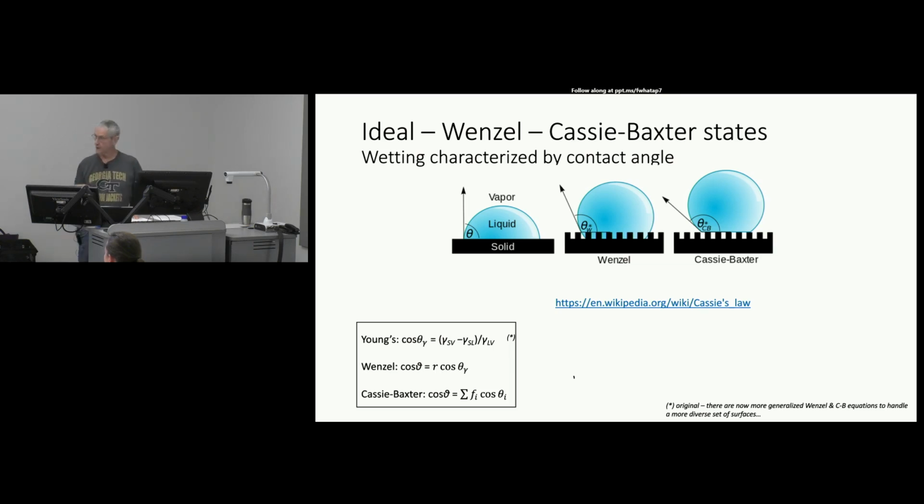So it decreases the solid to liquid contact, and increases the vapor contact. The equation for the contact angle takes into consideration the angle and the surface that the liquid is touching, because it could be touching multiple surfaces.